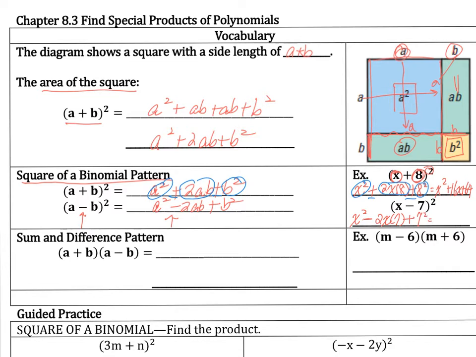So the x squared will be your a squared here, followed by the subtraction sign, and then 2ab, 2 times a times b, and then your b squared with the addition sign in between. Okay, now we can further simplify this as x squared minus 14x plus 49.